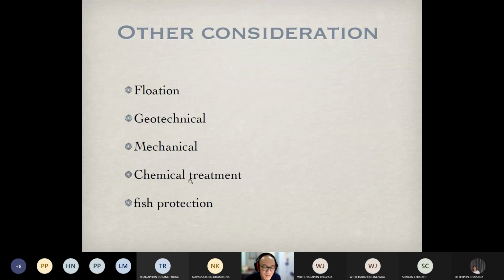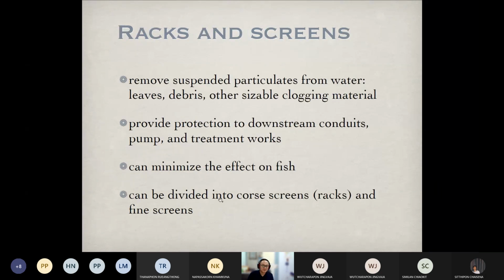That is why we need to install the net or the screen to protect from these aquatic organisms, and also protect us from the possible contamination.